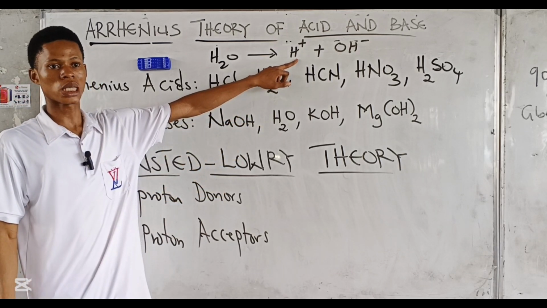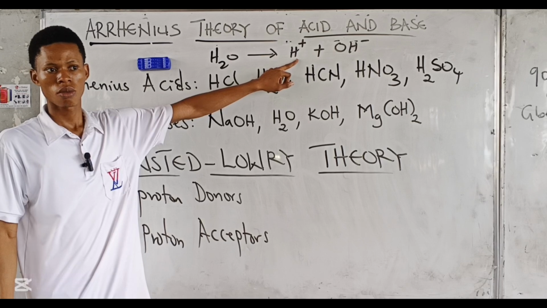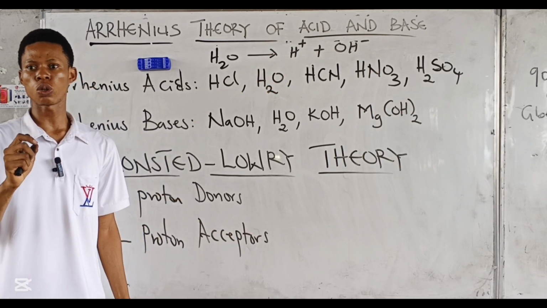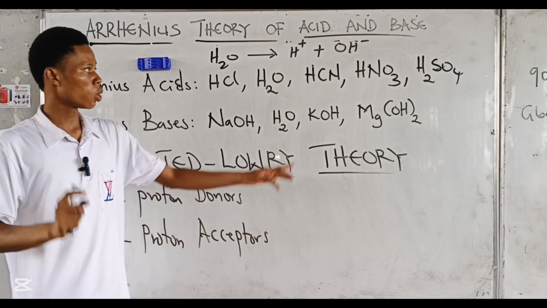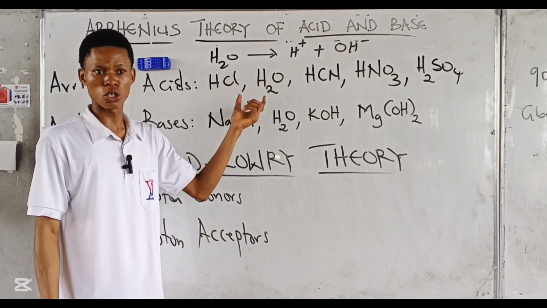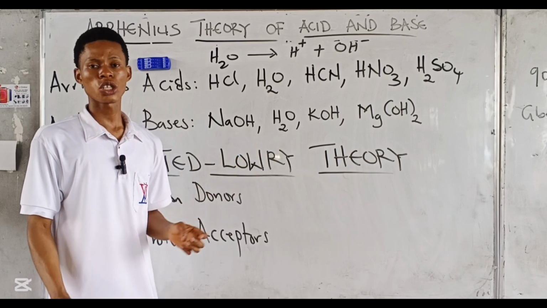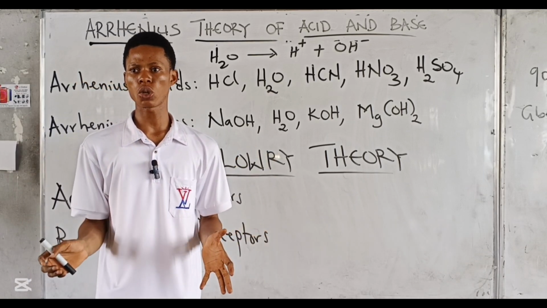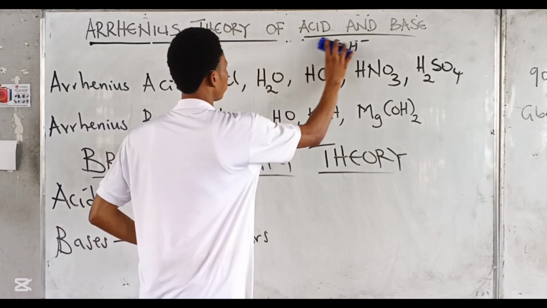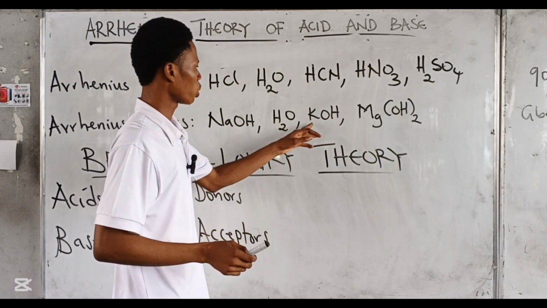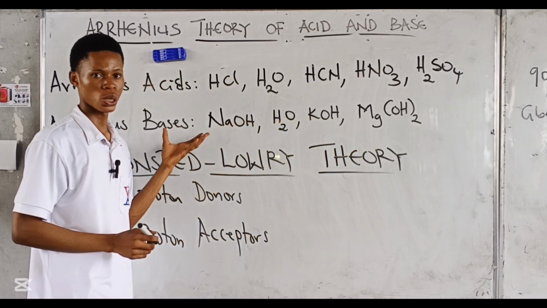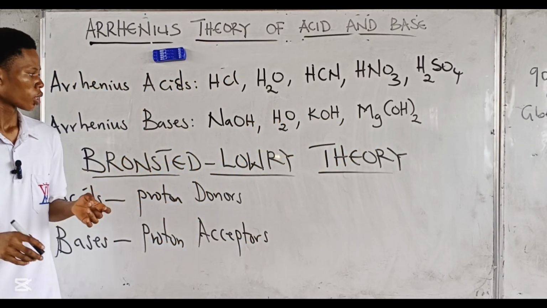So this is Arrhenius acid. It fulfills that condition. Arrhenius base is any substance that when dissolved in water or aqueous solution, will give out hydroxide ion. So water is both Arrhenius acid and Arrhenius base, right? Any substance that can exist as an acid and a base is called what? Amphoteric substance, right? Good. Now, potassium hydroxide, magnesium hydroxide, they are all Arrhenius bases. Do we understand that? Good.